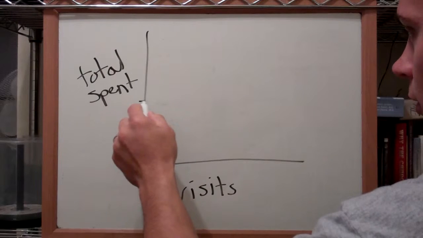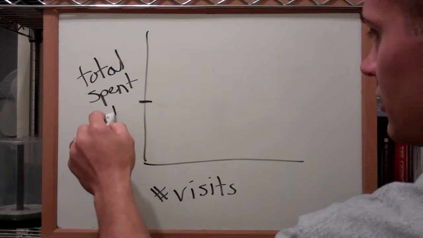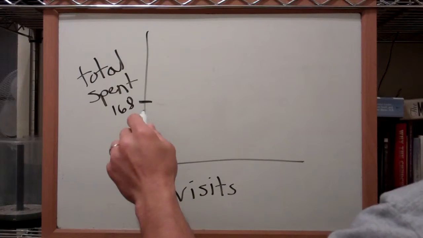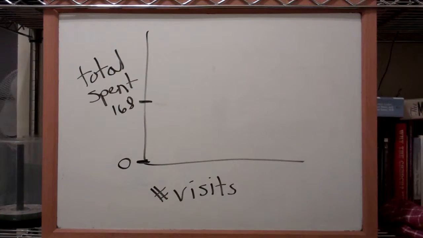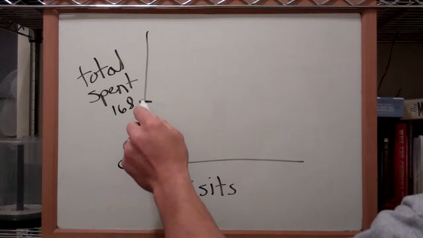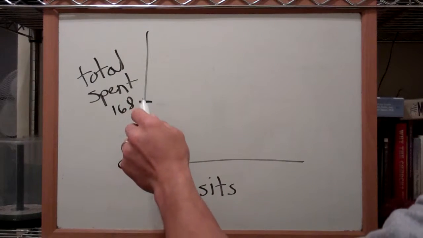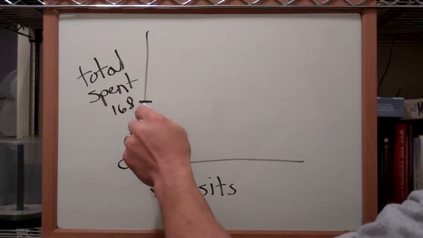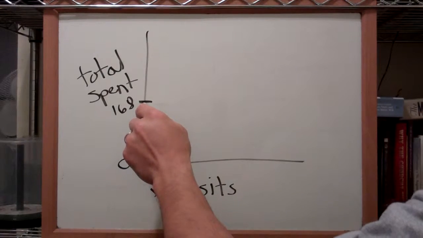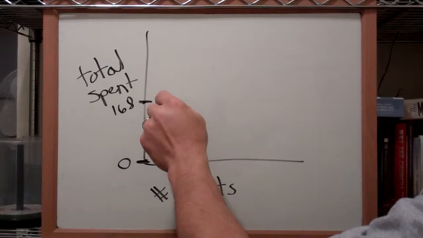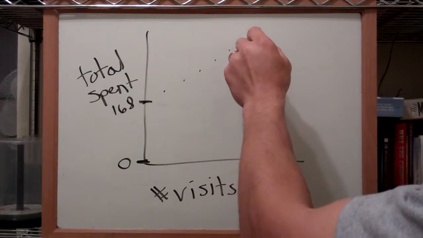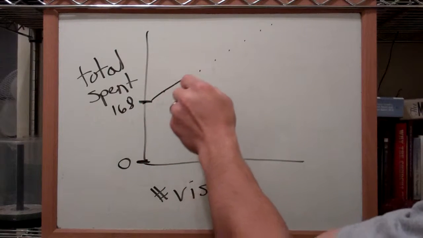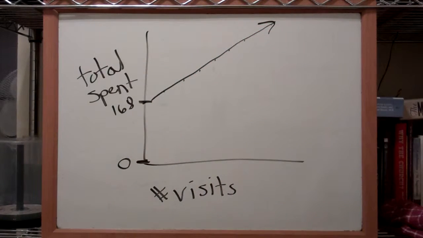So the card holder, someone that is a card holder, is going to initially start off with their total spent at $168 versus someone who's not a card holder is going to start off with 0. Now every time that the card holder, someone with a discount card, goes to the car wash and gets an oil change, they only have to pay $26.25. So they're going to increase at a smaller rate. So we could say a line like this.